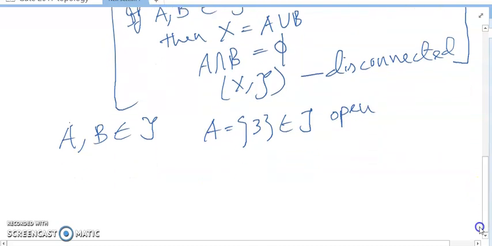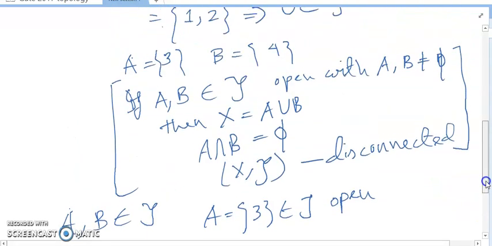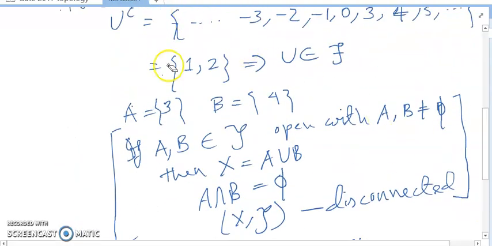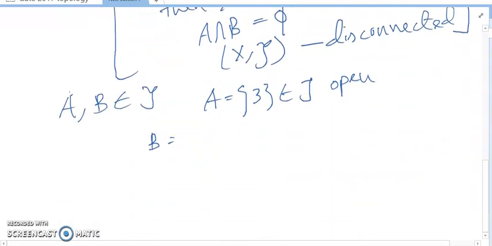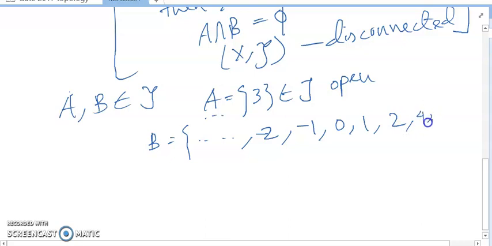So B can be written as minus 2, minus 1, 0, 1, 2, 4, 5, 6, up to this. Okay, B can be written this way.